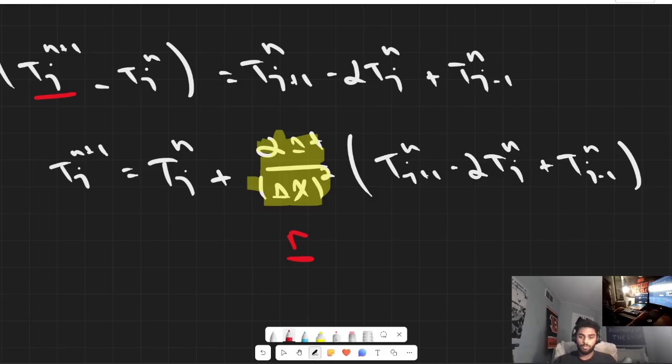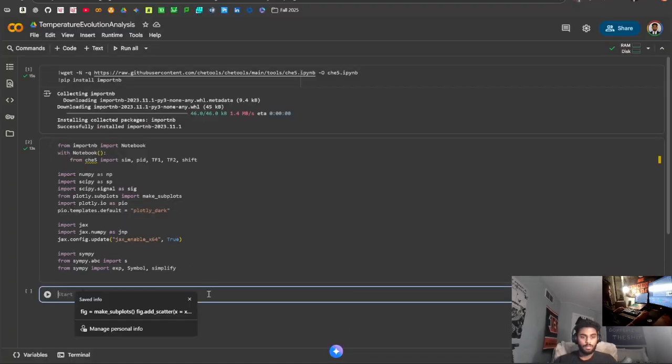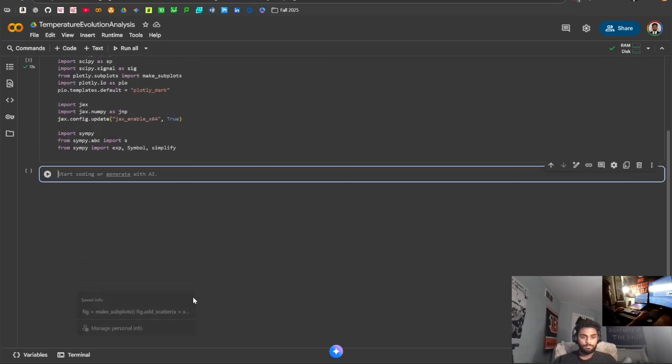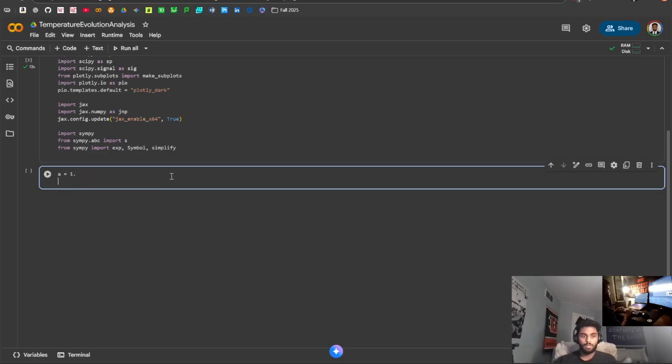So let's go through the motions here now. I'll start off by defining our alpha. Our alpha right now I'll just set to 1. It is constant throughout our entire process, so we do need to explicitly state what that is.